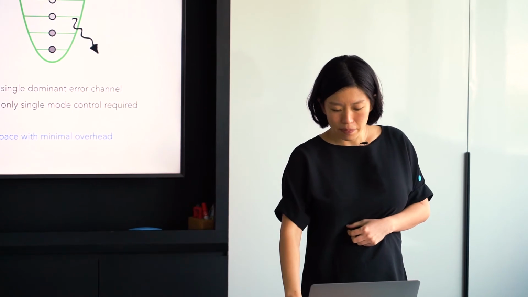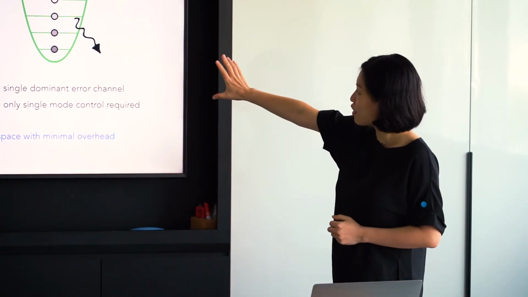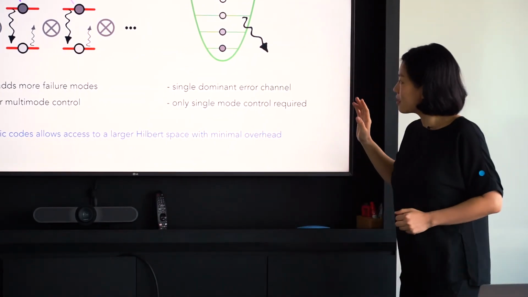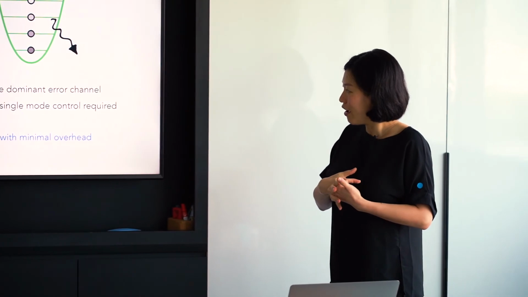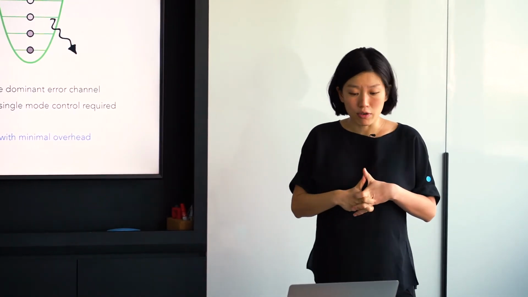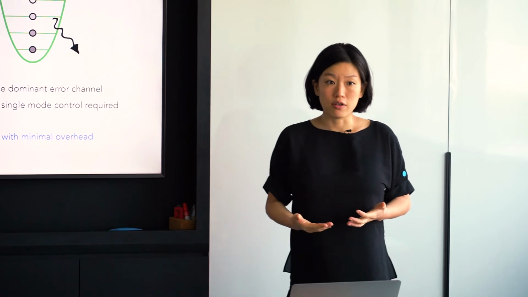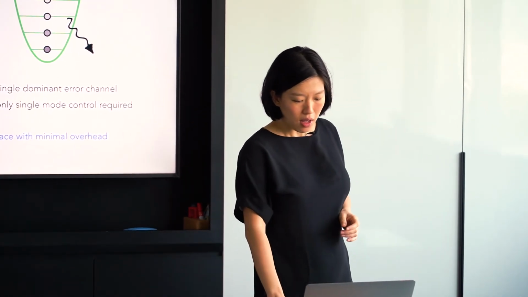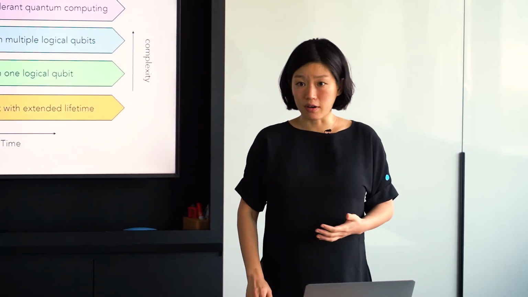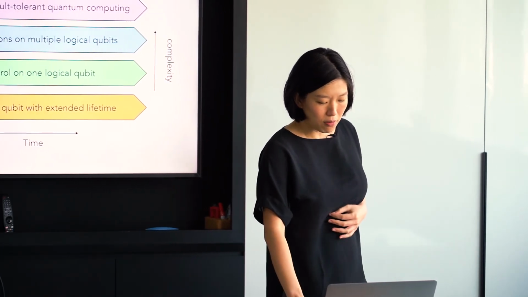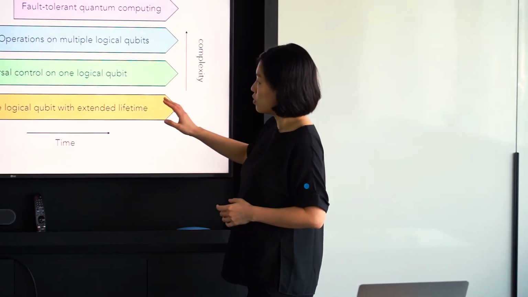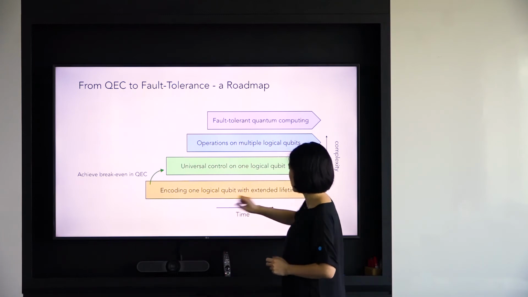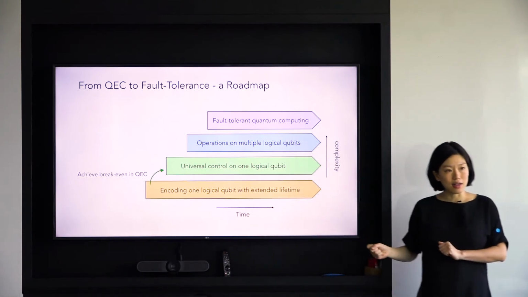Okay, so I think this kind of approach, the one that uses a continuous linear mode, this idea has been around for quite a while, and then the experimental realization really started to show up over the past, say, 7-8 years or so, and it's been making quite a lot of progress since then. Right? So a simple roadmap for that would be, say, can we use this kind of system to encode just one logical, so one protected bit of information, such that we can actually extend its lifetime.